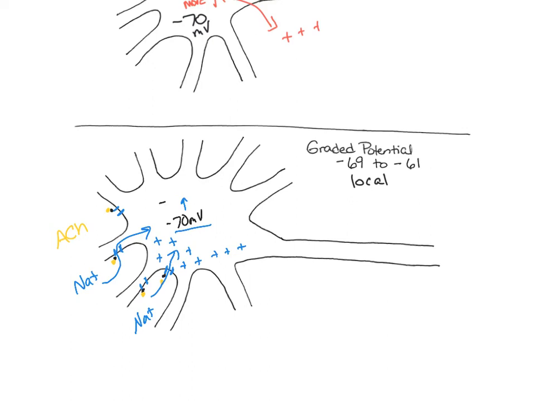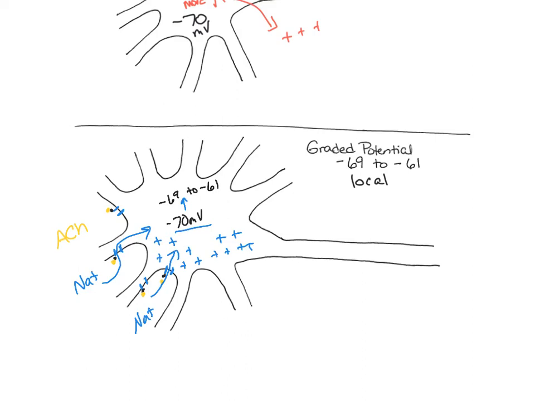Negative 69 is more positive. So a graded potential starts at around negative 69 millivolts. As more sodium comes into the cell, that graded potential could become even more positive. Maybe it'll go to negative 68, negative 67, all the way up to negative 61.